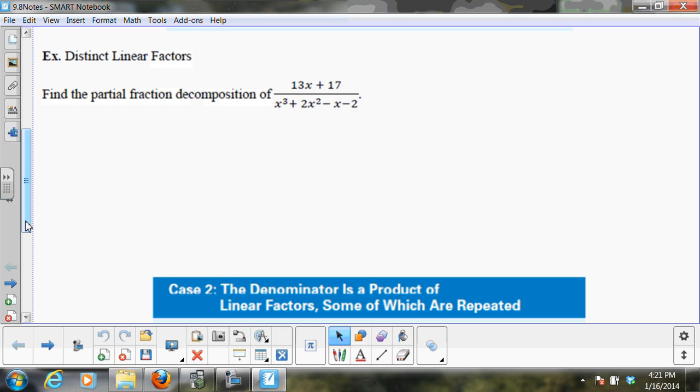So what partial fraction decomposition is, this is a good one to start with. What we first need to do is factor the denominator into linear factors.